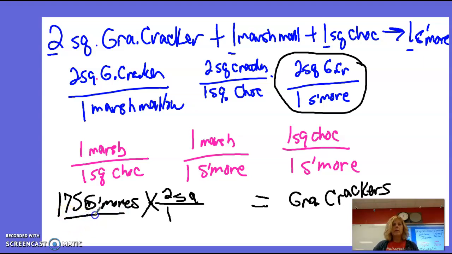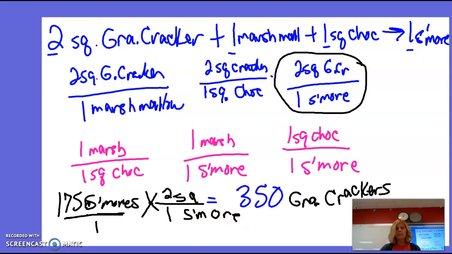Remember that this whole number is like a fraction over 1. And this is 1 s'more. Sorry, writing with my mouse. I know this is the worst. So I'm just taking 175 times 2 divided by 1, and nobody cares about the 1, right? All right, so I need 350 graham crackers.